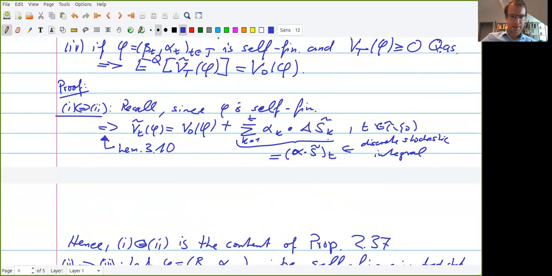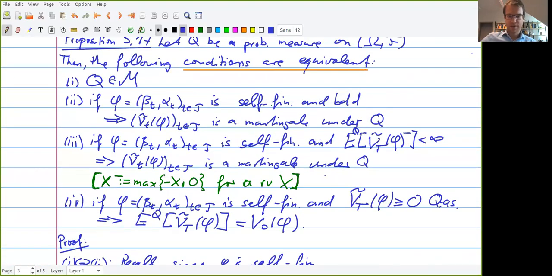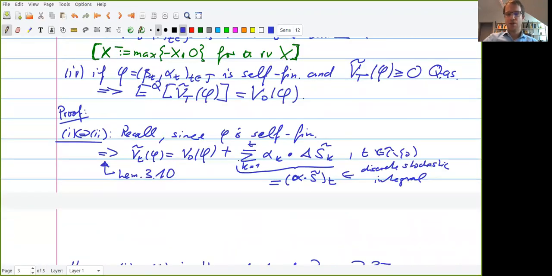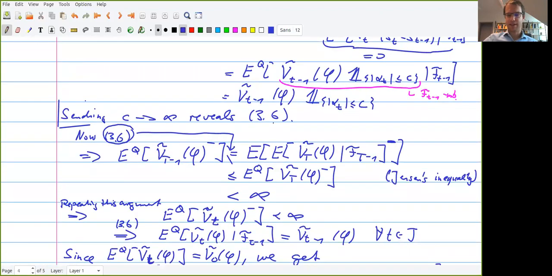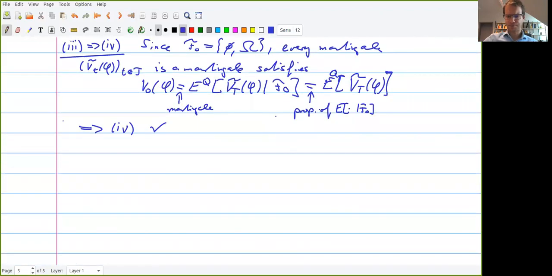Because now, it's already late in the lecture, if we have a self-financing trading strategy with non-negative capital, we know by proposition 3(i) that it's a martingale under Q, and we want to show that the expectation under Q of the terminal discounted wealth is equal to the initial wealth, and this is exactly what we got here.